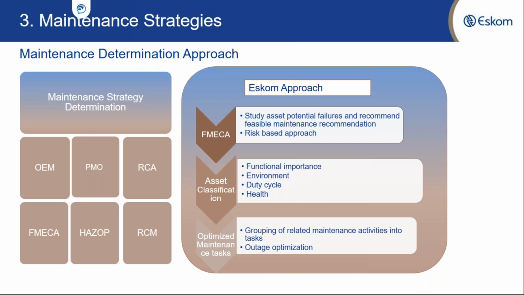So again, while we are still on the Eskom approach, I thought I should also indicate that there are various approaches that one can adopt when it comes to doing maintenance. We call these maintenance strategy determination approaches. One can choose to just follow what the OEM says.